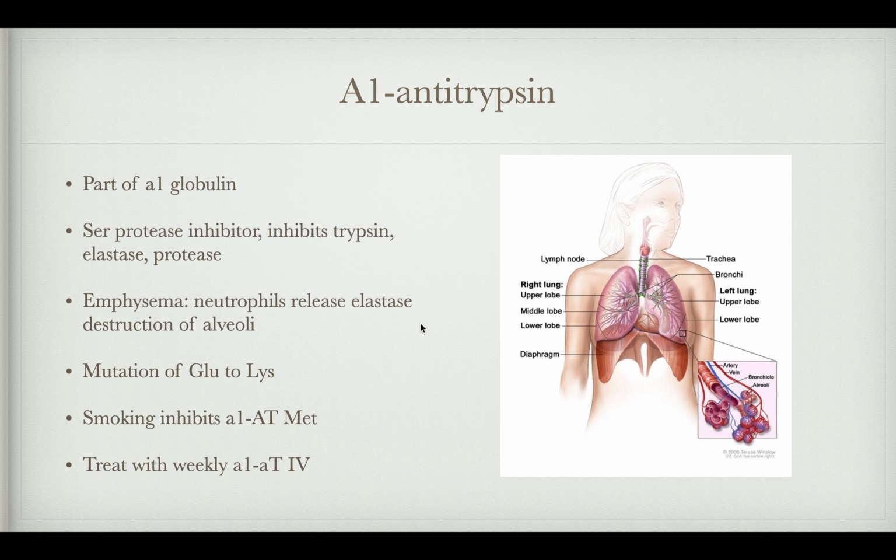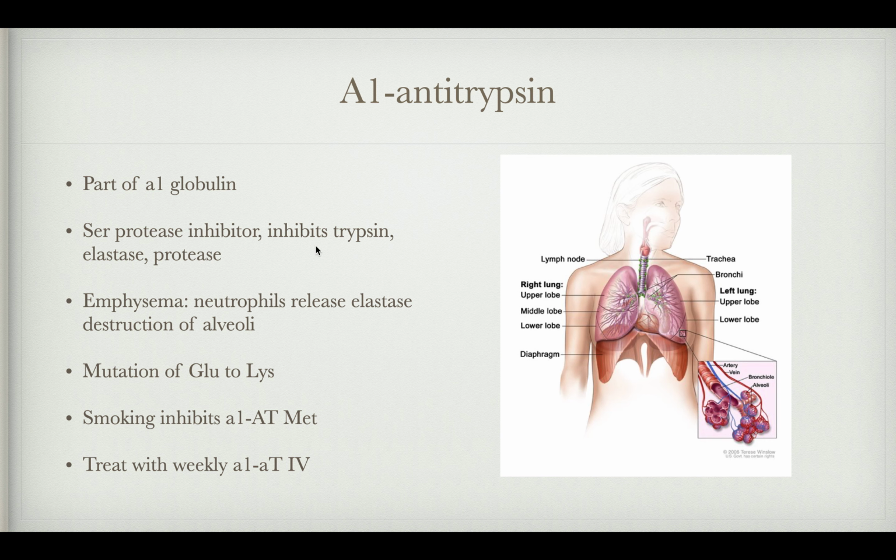We do inhale quite a bit of pathogens and dust and dirt on a daily basis, but we have the alpha-1 antitrypsin to inhibit the neutrophils if there's too many of them, if a signal has gone wrong.